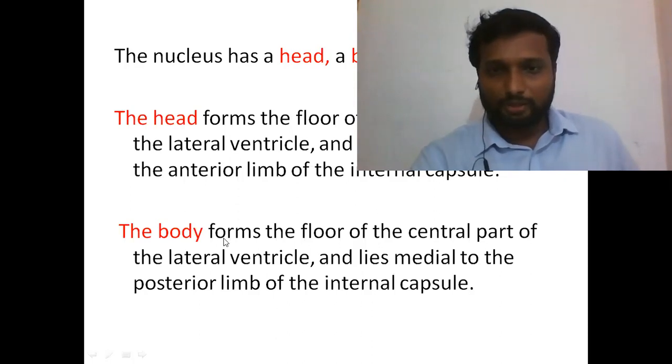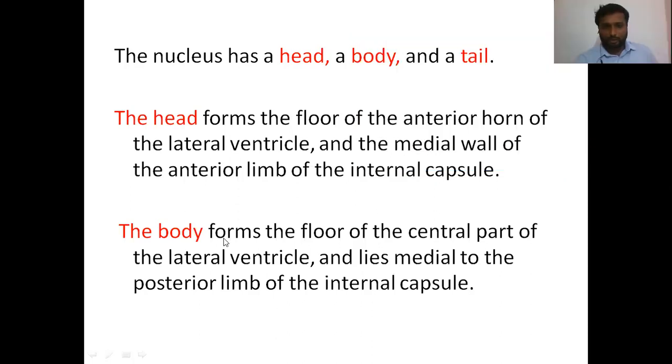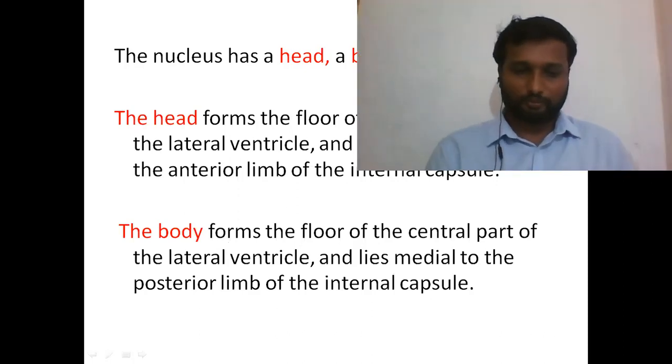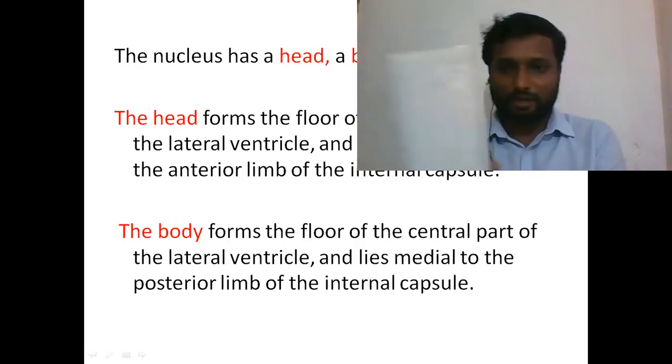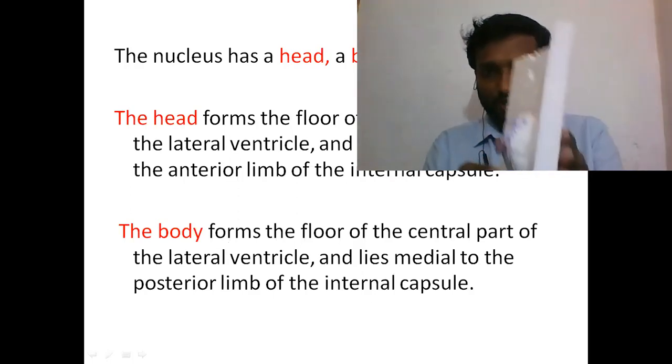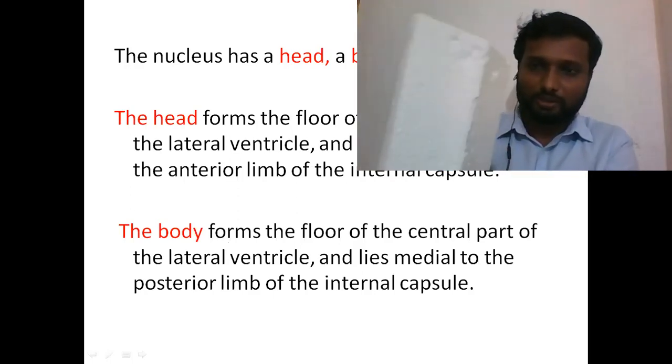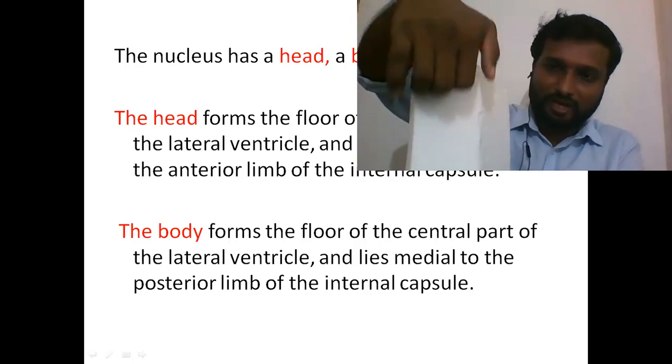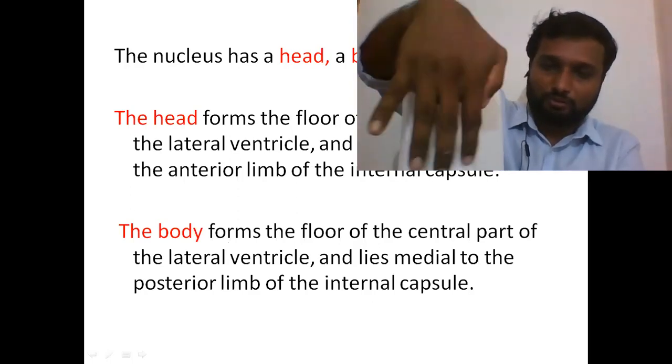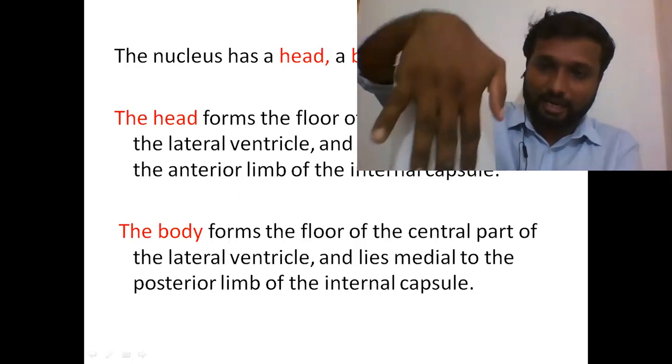At the same time, it lies medial to the anterior limb of the internal capsule. Just a minute. See, this is our internal capsule. Yesterday we were discussing the internal capsule with its 5 parts. See, this is the anterior limb.